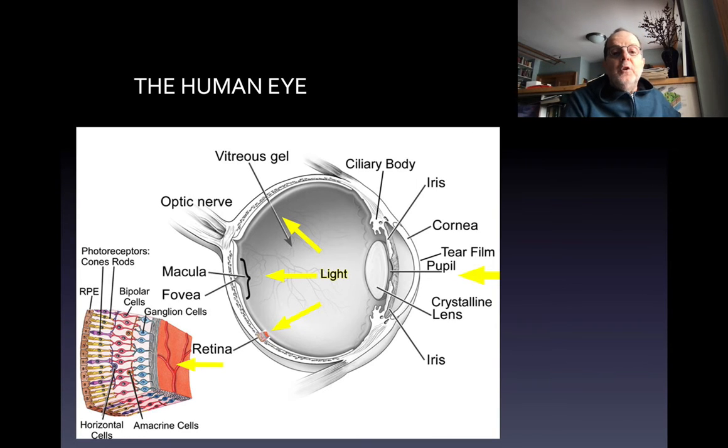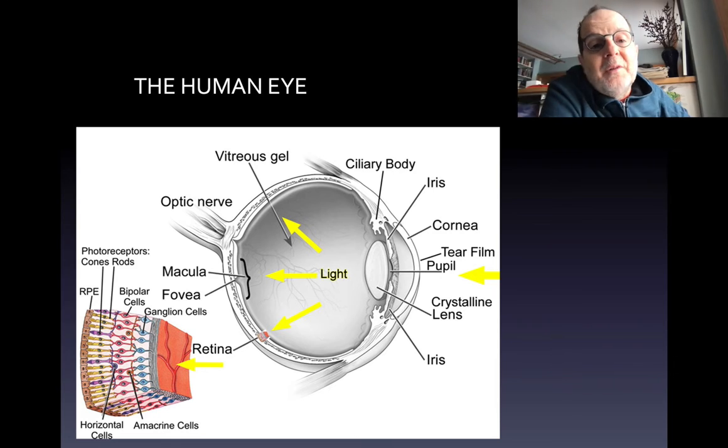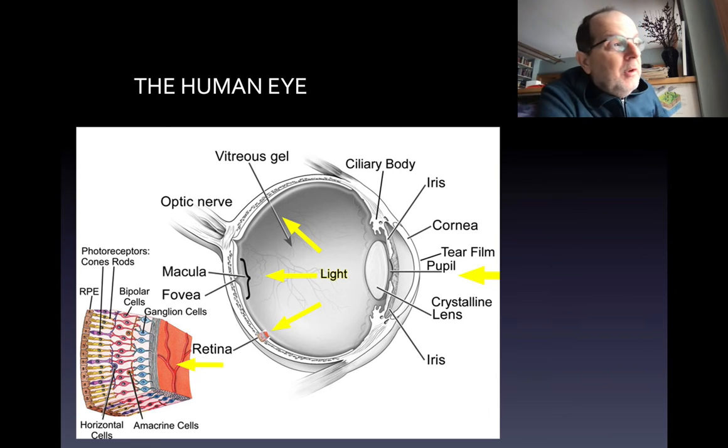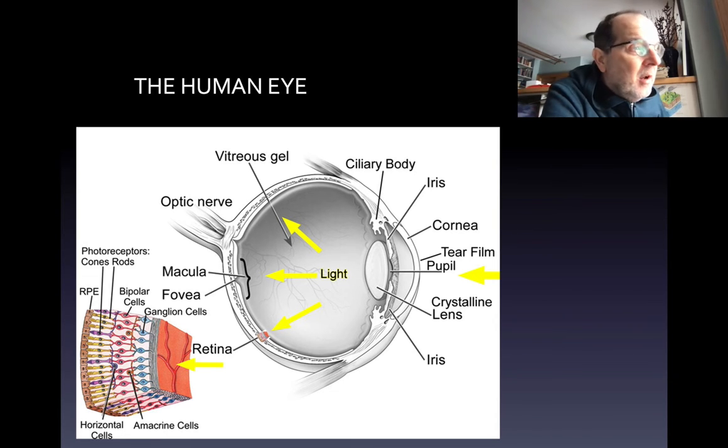Here is your human eye. I think it's important to just spend a little bit of time in this section on the eye, because the eye is really the key. We have other senses. There are people who can't see, but for those humans, the majority of whom do, vision has been what has opened up an understanding of our universe.